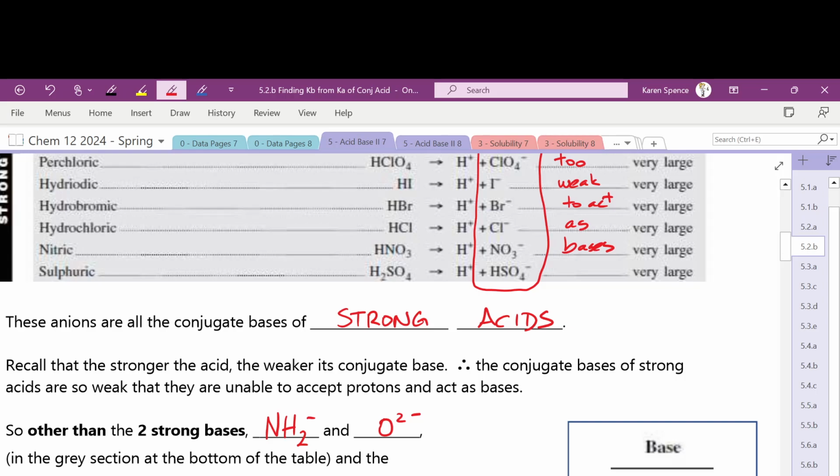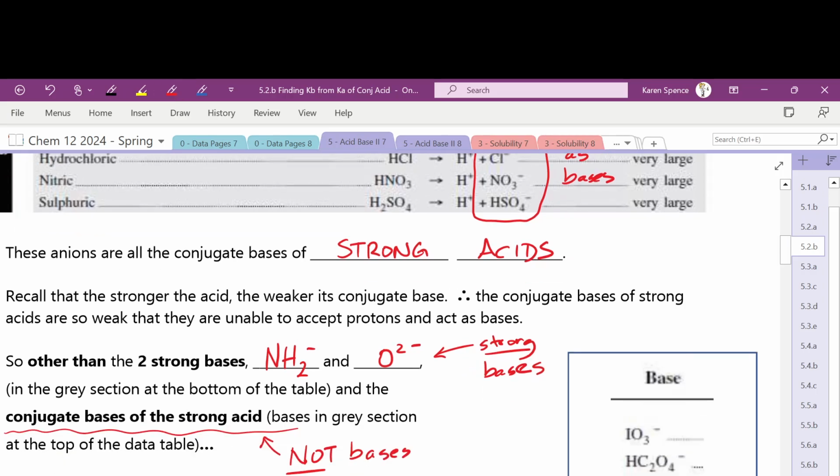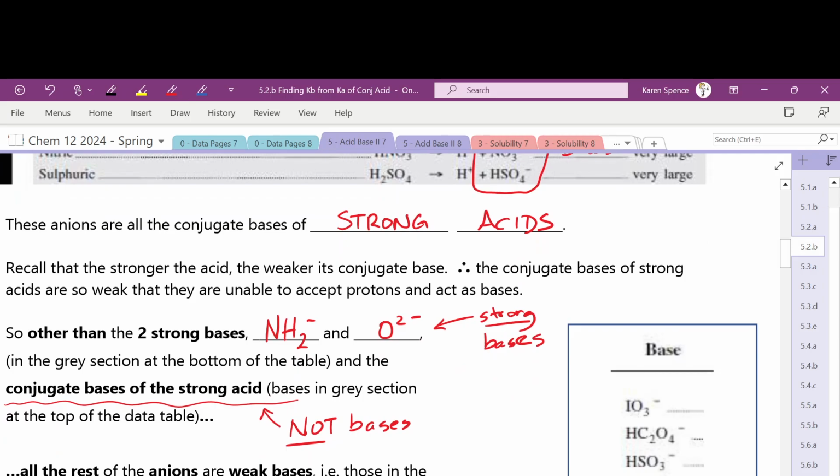And the conjugate bases of the strong acids, these guys are not bases. All the rest of the anions on the table are weak bases, in other words, those in the white section of the data table.